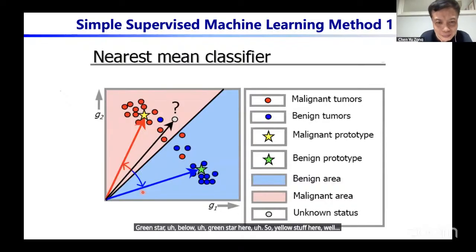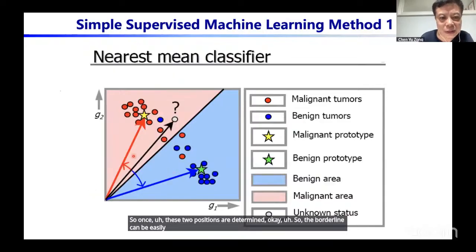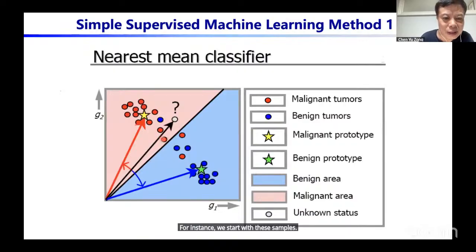Okay. So once these two positions are determined, the borderline can be easily determined in such a way that we start with any sample. For instance, we start with this sample. We can calculate the distance between this sample and the yellow star, and between this sample and the green star.